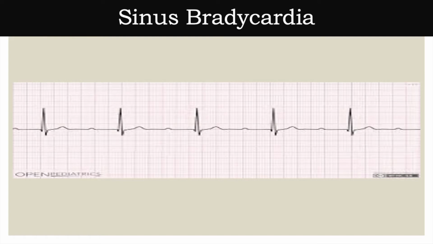If the patient has the sinus brady because of the medications that they're taking, then you're just gonna stop the medication or withhold it. But if the patient is coming out with a whole bunch of symptomatic issues and they're unstable, you have to give them atropine. What atropine does is that it increases the heart rate.